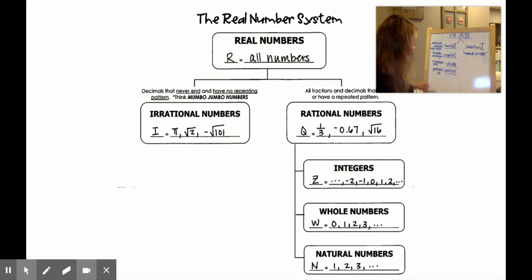So natural numbers, a really basic definition is counting numbers. So if you think about when you first learned how to count, my 4-year-old is working on this in pre-K, but really he started before that. You typically start with the number 1 and you go upward. So 1, 2, 3, 4, 5, etc. Those are the most basic classification of numbers, and we call them natural numbers.